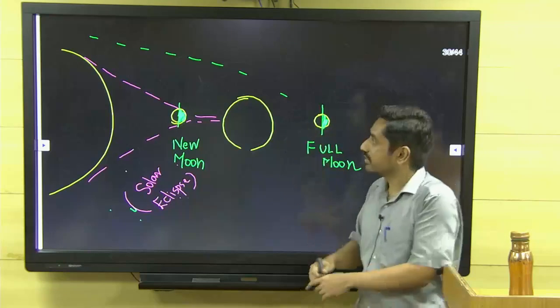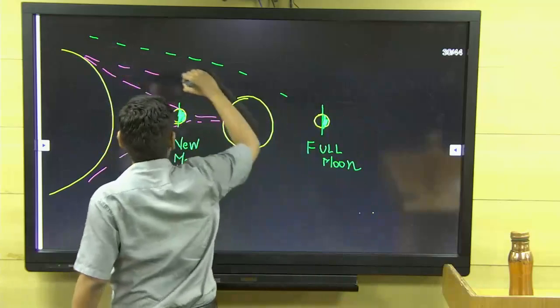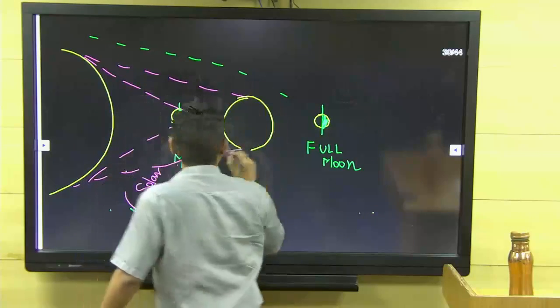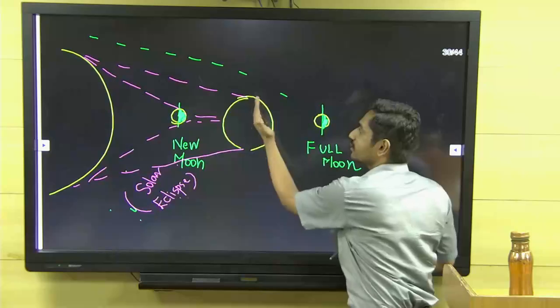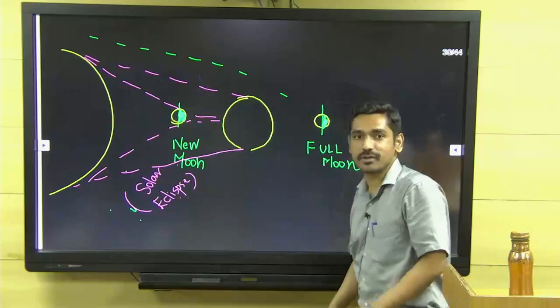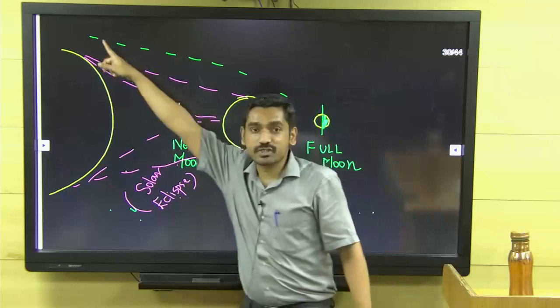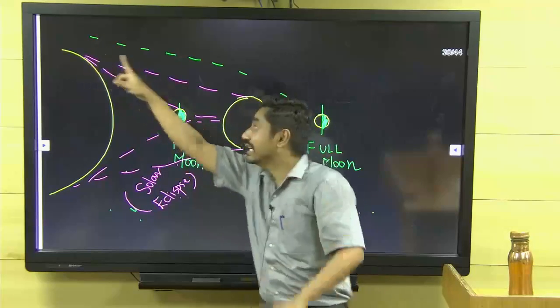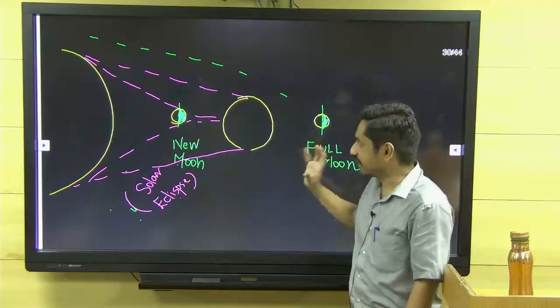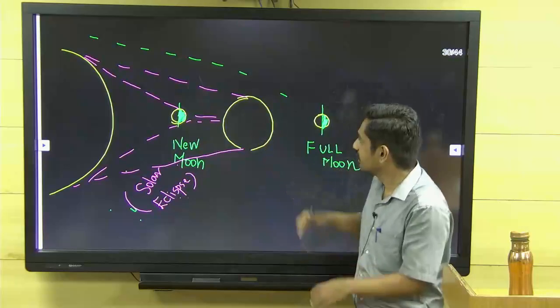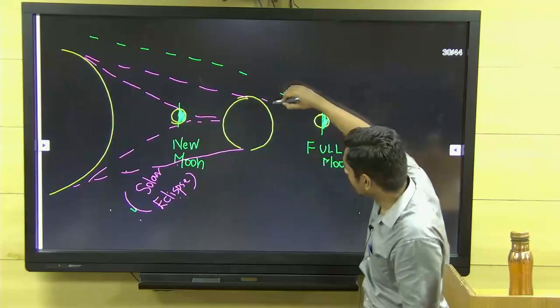The entire light which is falling on the Earth might cast Earth's shadow over the Moon. Very rare. Why? Because the Moon is too small. The Moon will escape somehow. The Sun is way too large, so in one way or the other, sunlight will reach the Moon. But in some cases, if Earth is able to block that, the shadow of the Earth falls over the Moon.